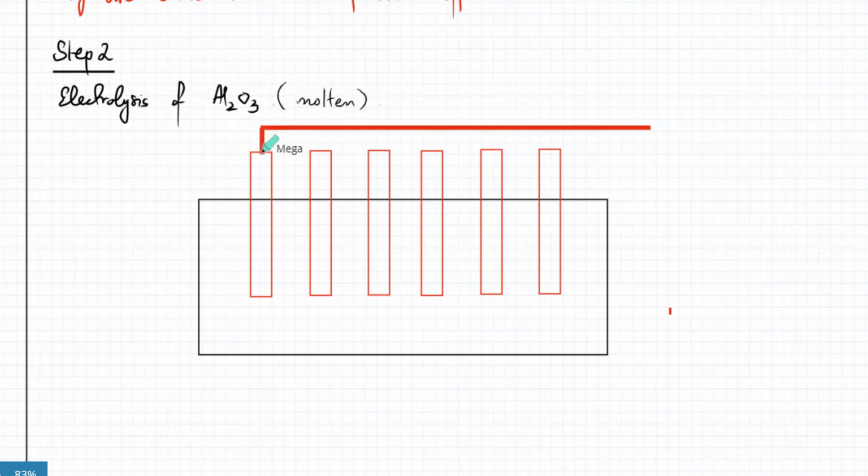So all of them are connected to a battery, and they're connected to the positive terminal of the battery. So that's one thing. And then your container is the cathode.